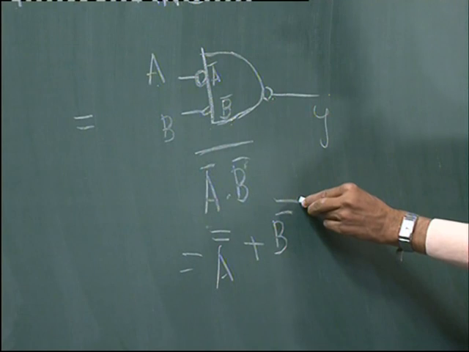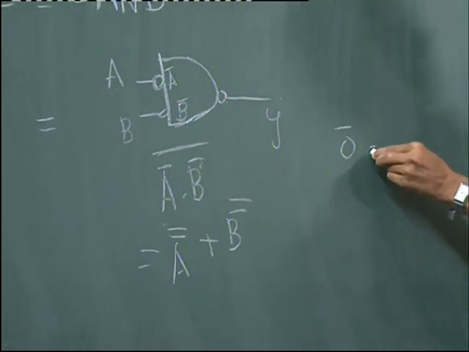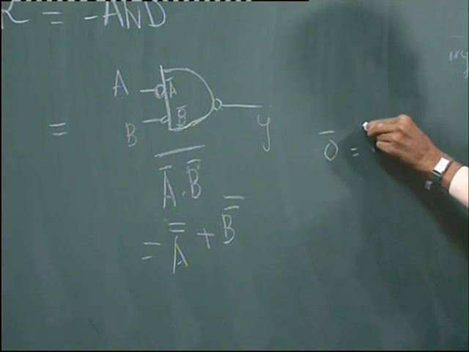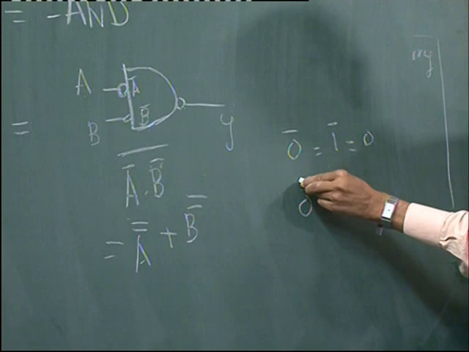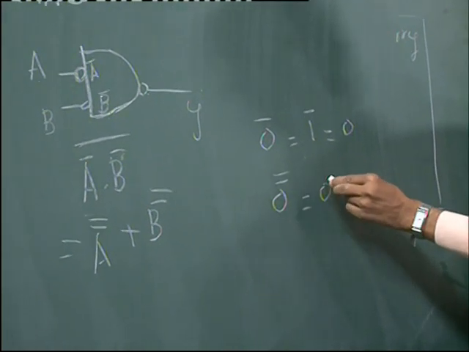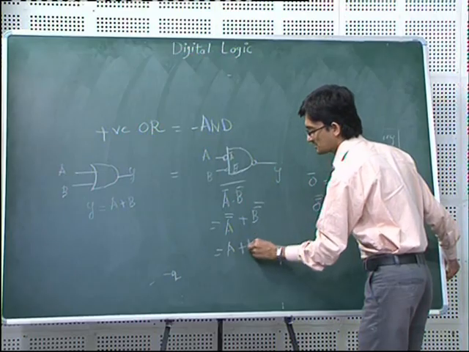If you complement any number 2 times, let me show you: 0 complement gives 1, and 1 complement is 0. So complementing 0 two times, you get 0. The result is A plus B.